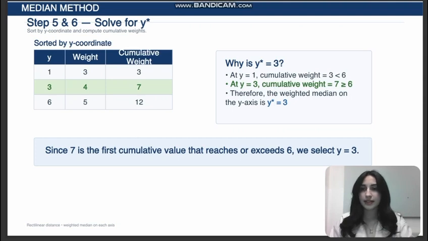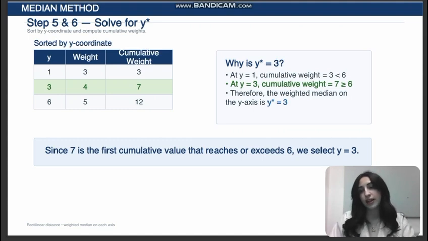After finding x, as I mentioned, we now do the same for the y coordinates. We sorted the locations and we start to sum up the weights. When y is equal to 1, the cumulative weight is 3, which is smaller than 6. And when y is equal to 3, the cumulative weight is 7. Again, we reached and exceeded the point 6.